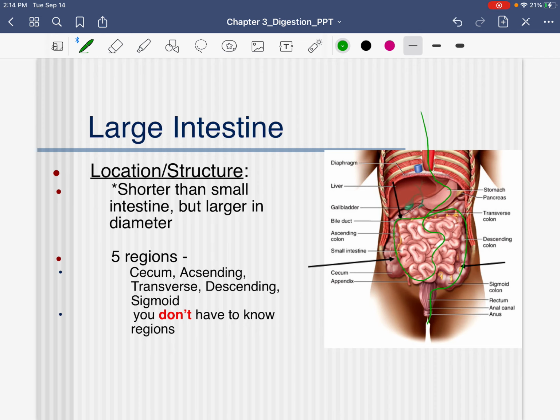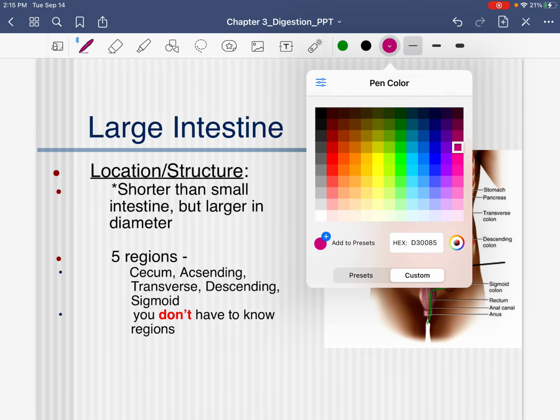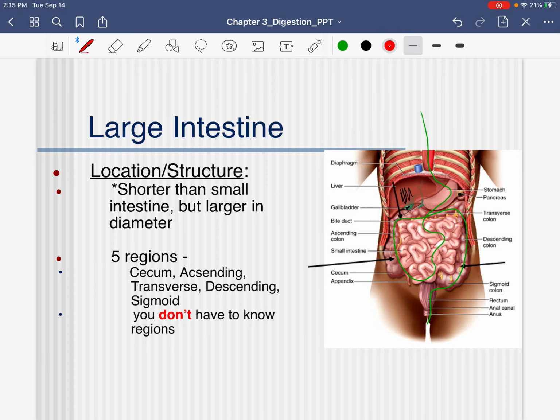And then there are accessory organs such as the liver, gallbladder, and then the pancreas is behind the stomach. They're accessory organs because food does not directly pass through them, yet they still play an important role in the digestive system. So we worked our way all the way down from the oral cavity to the pharynx to the esophagus to the stomach through the small intestine.